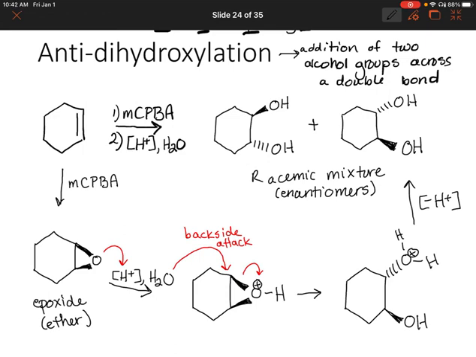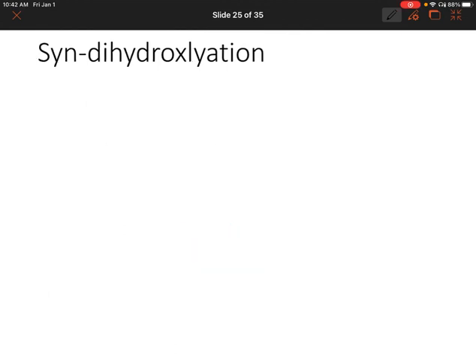Okay, so again, if you use the MCPBA chemical, that is going to give you an anti-addition of alcohol groups. But what if we want these alcohol groups to be syn to each other, so on the same side? So we're going to have to use a different chemical.